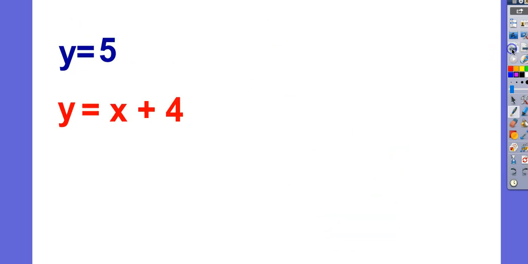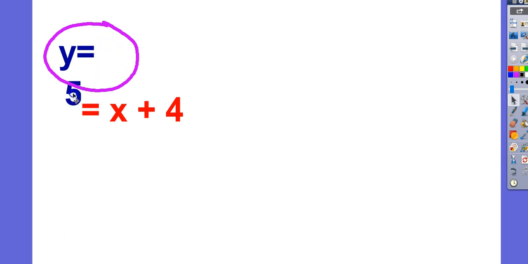Let me show you another example. Right here it says y equals 5, and y equals x plus 4. Now you could use either one of these to substitute, but you know that y equals 5. So the easiest thing to do is to go to the other equation, remove that y, and put in this 5.